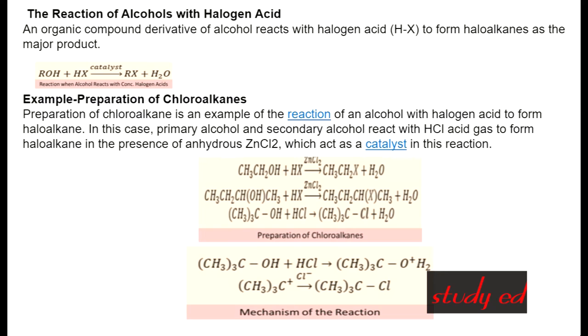Repeating again, when a tertiary alcohol reacts with HCl, there is no need of a catalyst because the tertiary carbocation is more stable and chloride can directly attack the carbocation to get the corresponding alkyl halide. You must remember that.